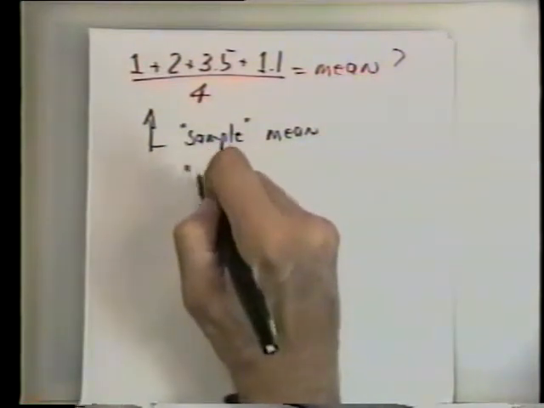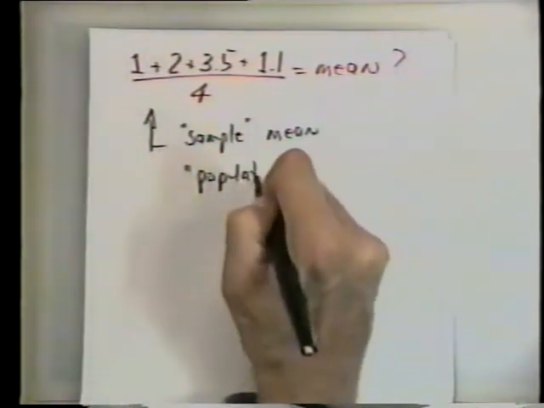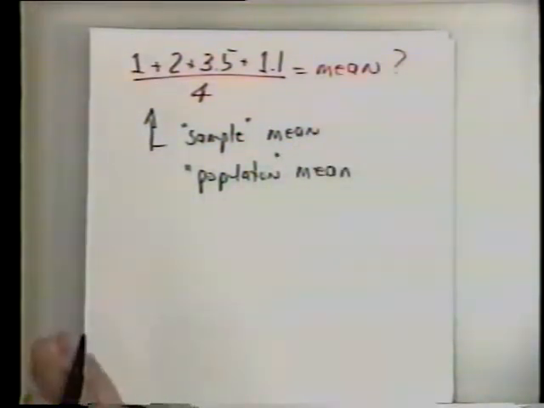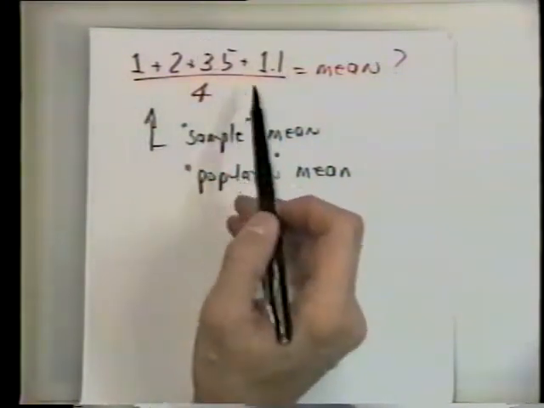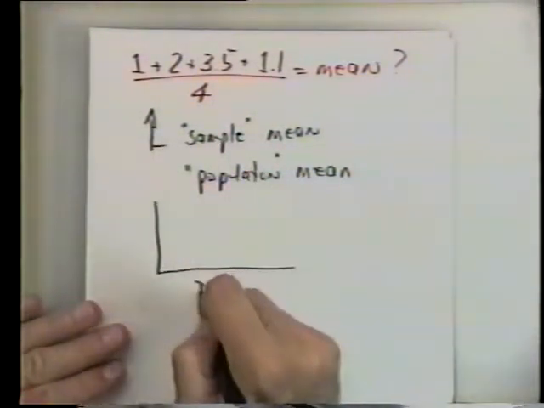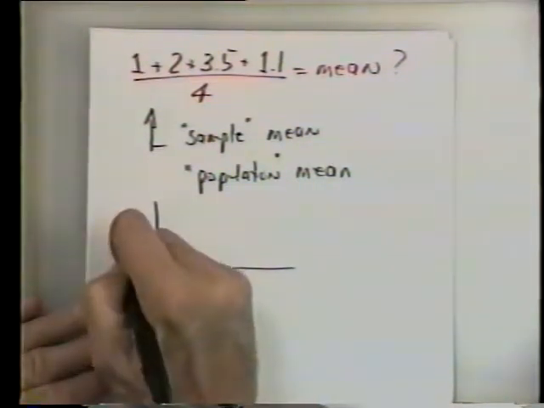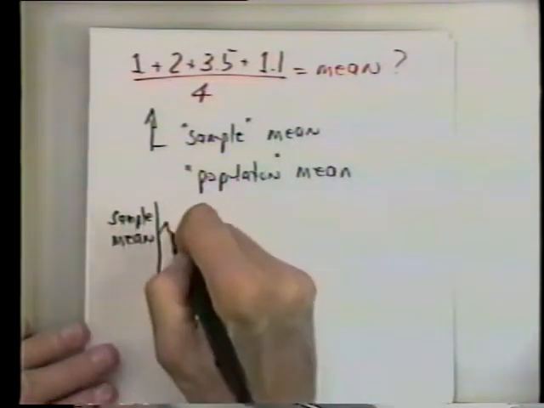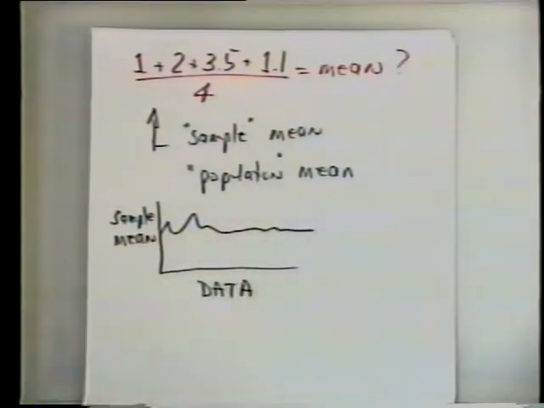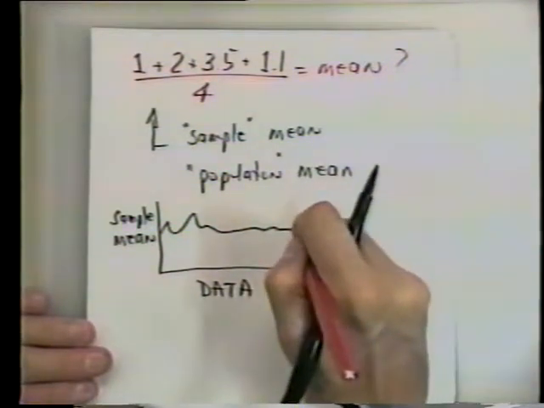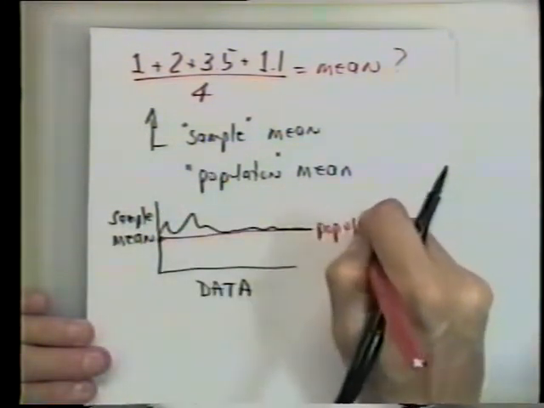What we mean for the mean to exist is that what we call the population mean, which is the real mean of the data, exists. Now here, if we accumulate more data, we'll get a slightly different value for the mean. So what we really expect is that as we accumulate more data, these sample means may fluctuate, but eventually they reach a finite limiting value, that we then identify as the population mean.